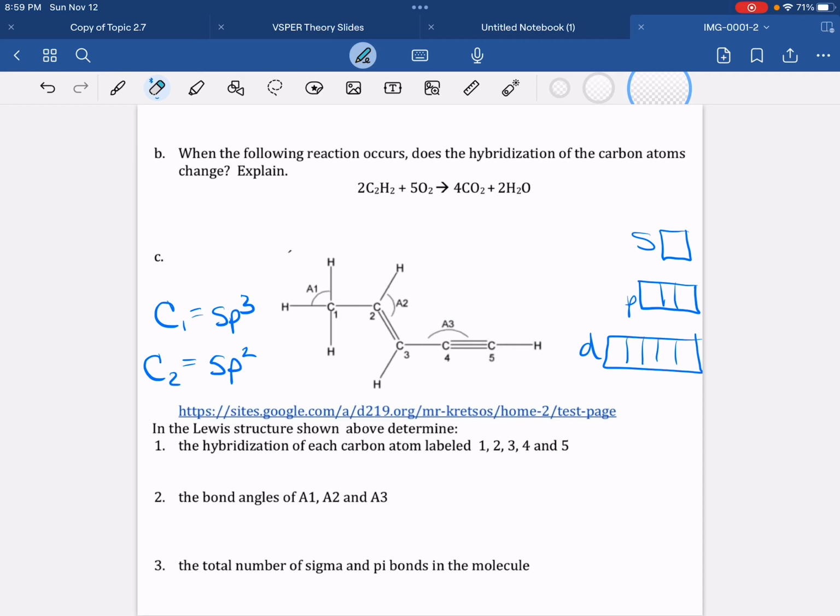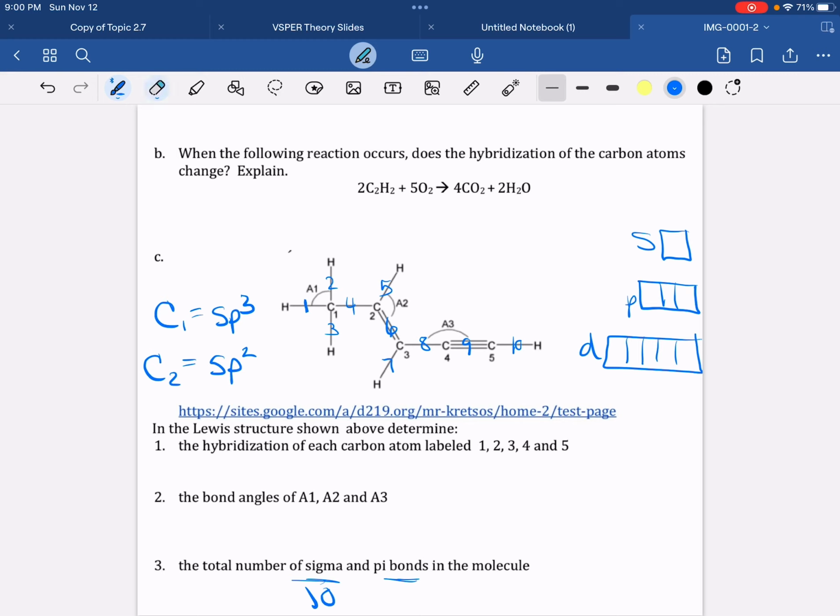All right, the next question here is about our sigma and pi bonds. Okay, when we're counting, sigma bonds are all single bonds, and one of the domains of a double or a triple. So for our sigma, we have 1, 2, 3, 4, 5, 6, 7, 8, 9, 10. 10 sigma bonds.